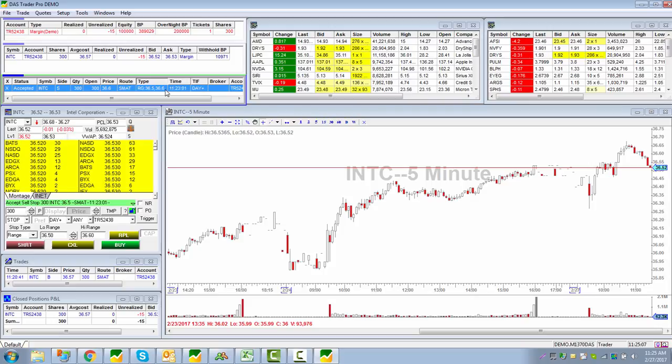There it is. It's breaking 36.52. Again, I don't want to spend too much time waiting for it to reach that level, but I'm sure you can admire the anticipation as well as I do.